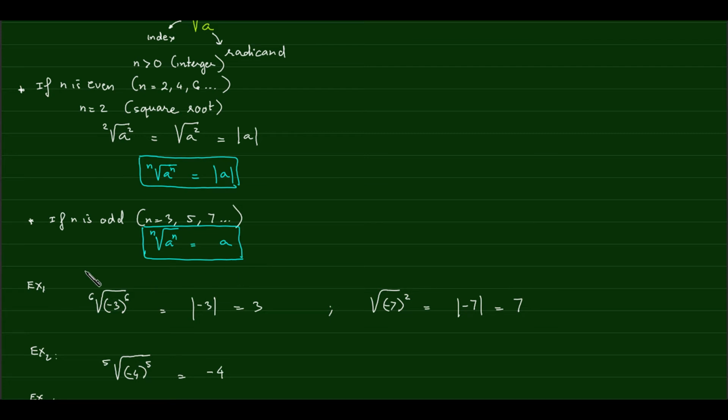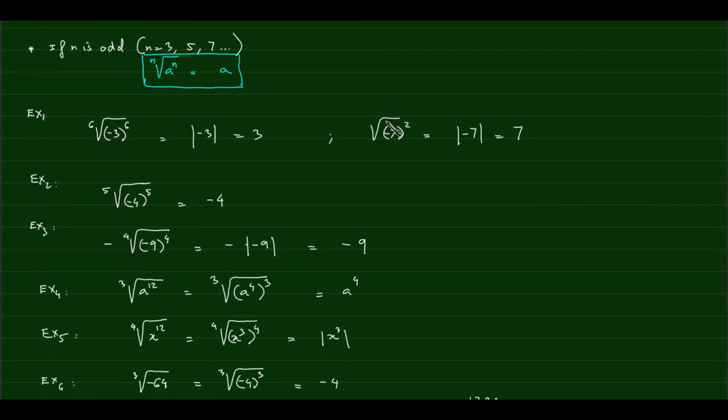For example, the square root of -7 squared gives you the absolute value of whatever is inside, because the index and exponent are even, and the absolute value of -7 is 7. Same thing over here. The index is the same, so it gives you the absolute value of -3, which is 3.